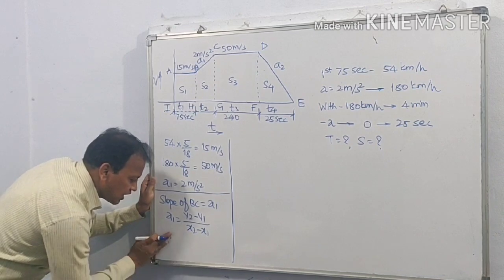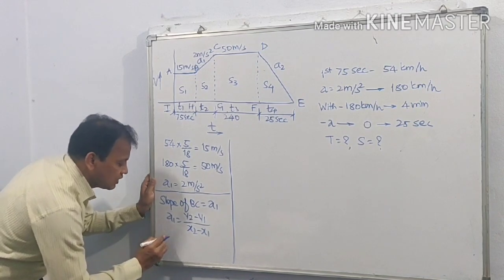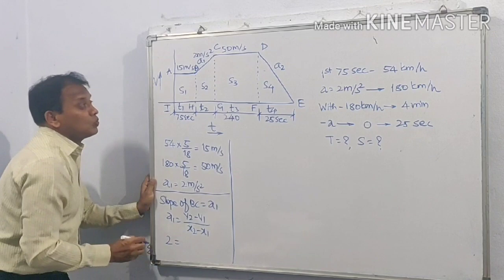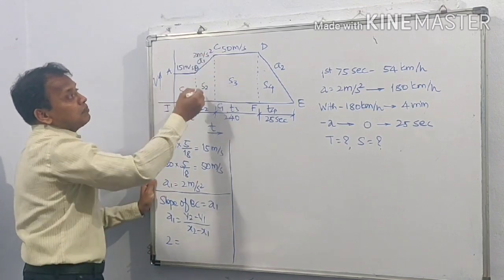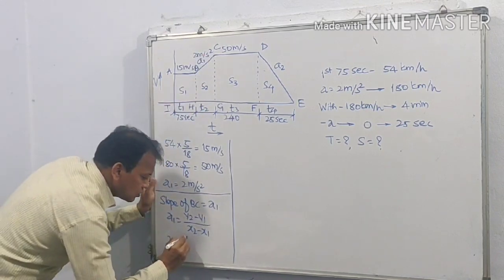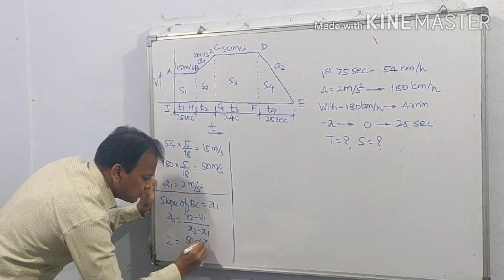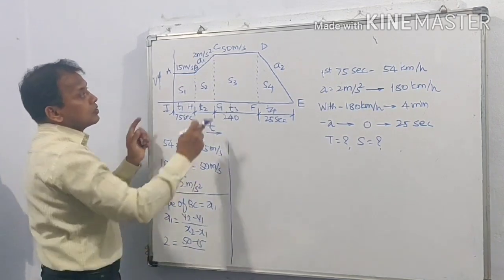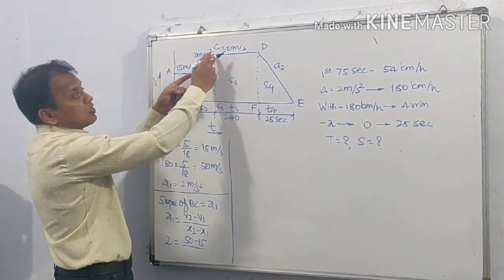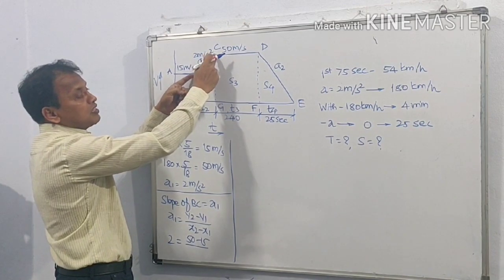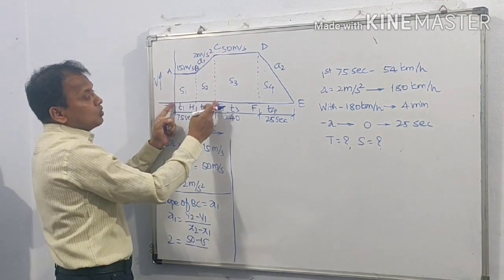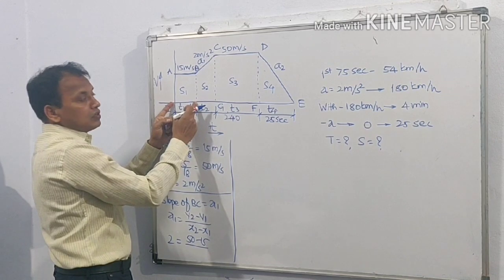We can write this as 2 equals y2 minus y1, that is 50 minus 15, upon x2 minus x1. So this ordinate, this point and this point, these are 2 points. This is x2 and this is x1.